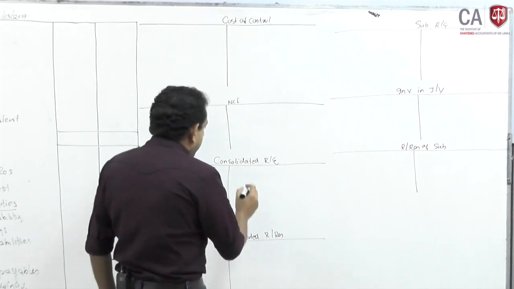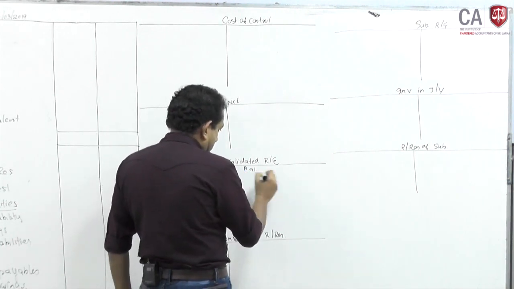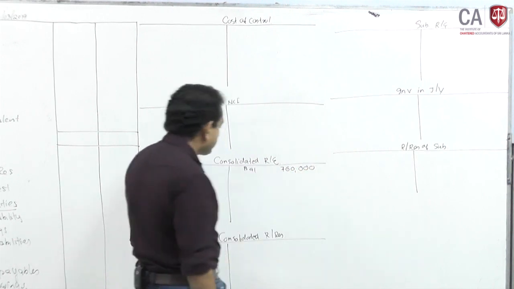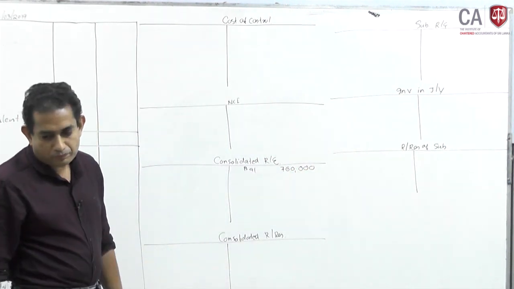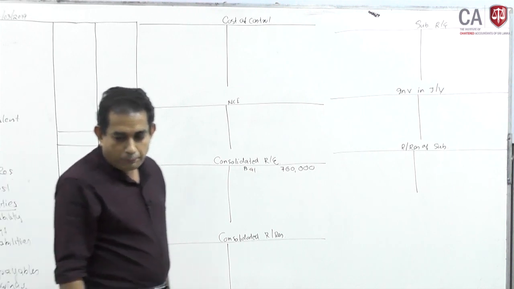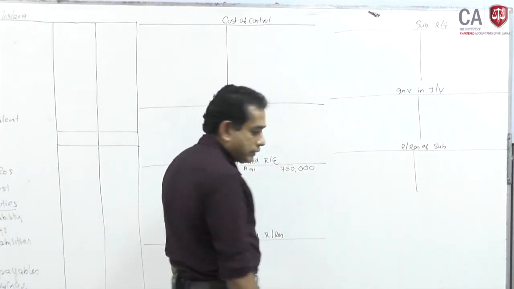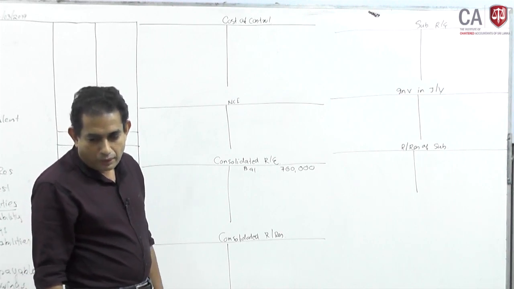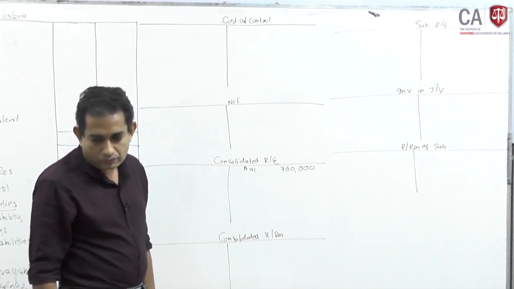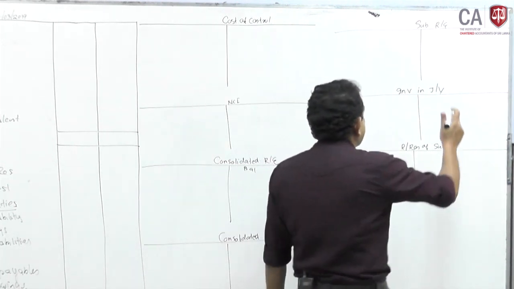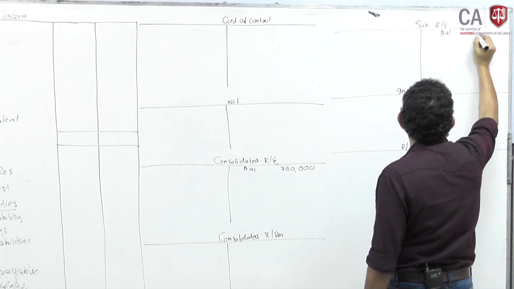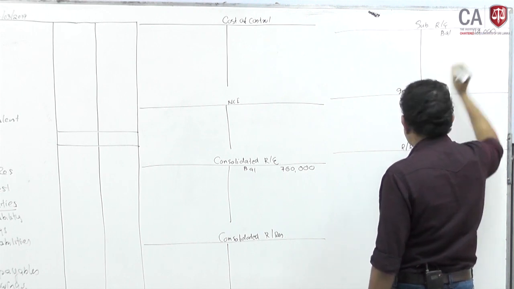Parent company's retained earnings 760,000, say opening balance of consolidated retained earnings. Subsidiary company has a profit figure of how much? 114,000. Subsidiary company retained earnings 114,000. Let us take it as their opening balance, 114,000.